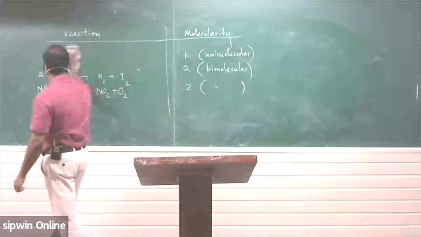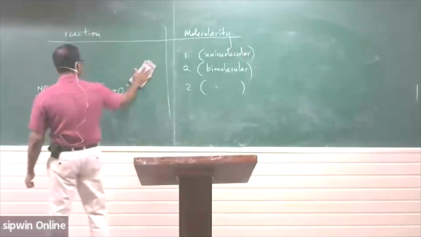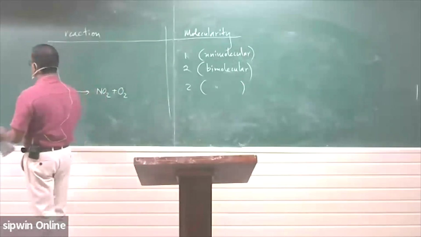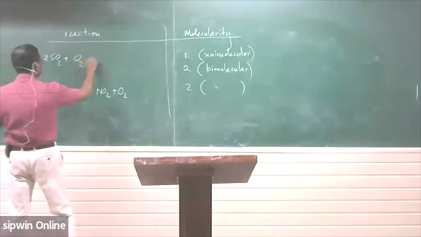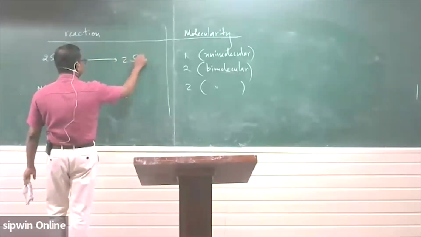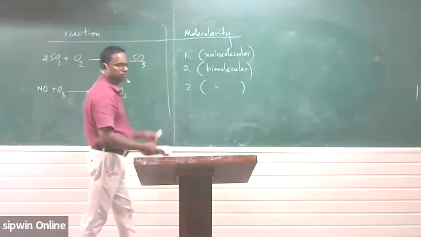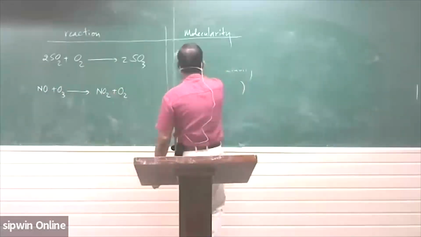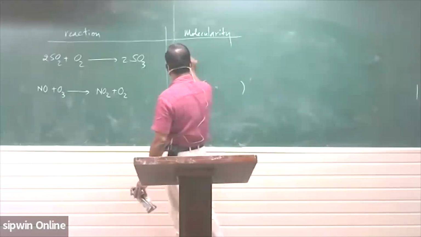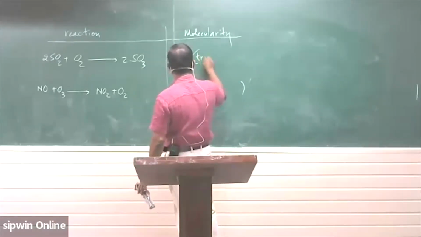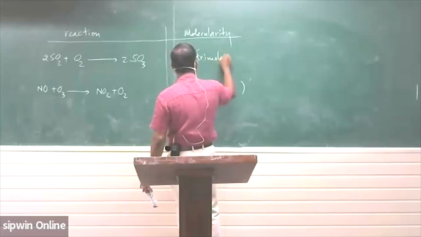As the next one, take 2SO2 plus O2 gives 2SO3. Molecularity 3.